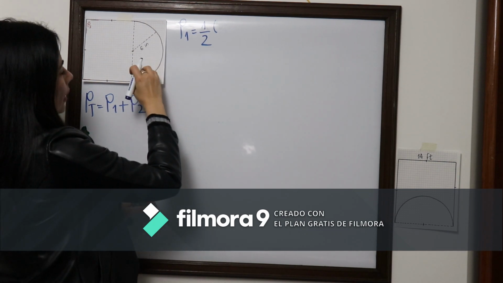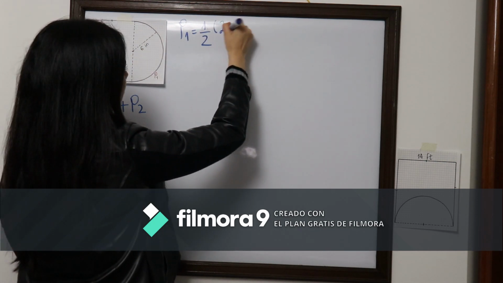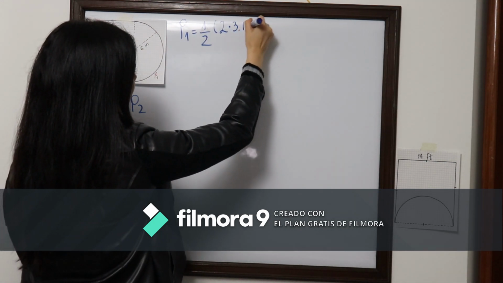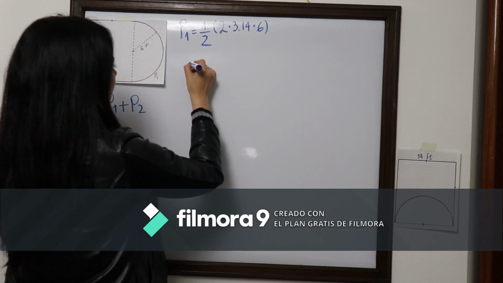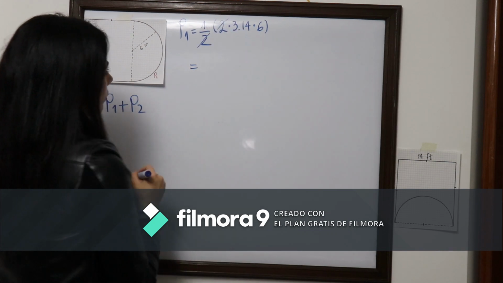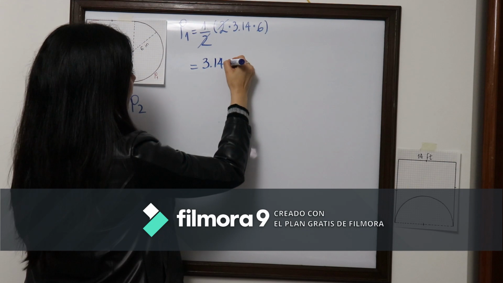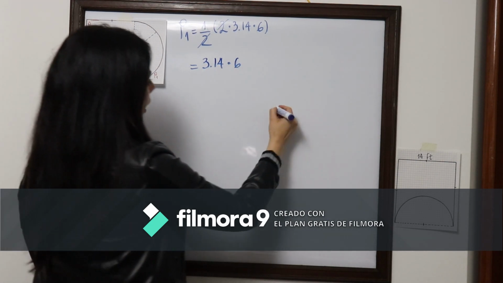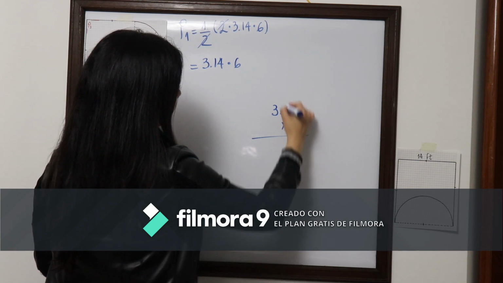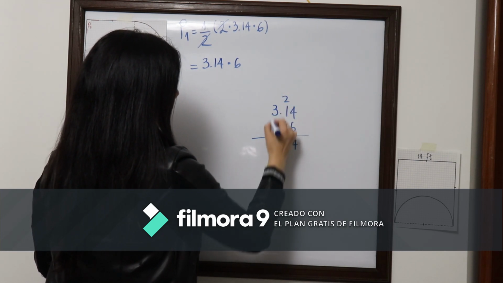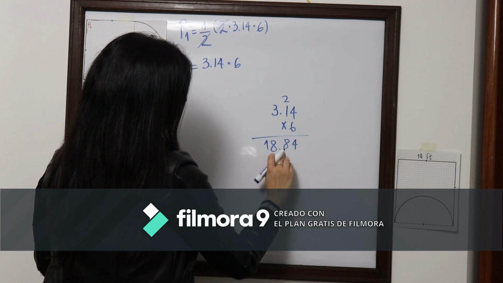For me, I'm just going to go ahead and determine 2 times 3.14 times 6. Why? Well, because it allows me to actually cancel this 2 out, and I'm going to get 3.14 times 6, which I know it's going to be 18.84, and then I'm having 2 decimal places.